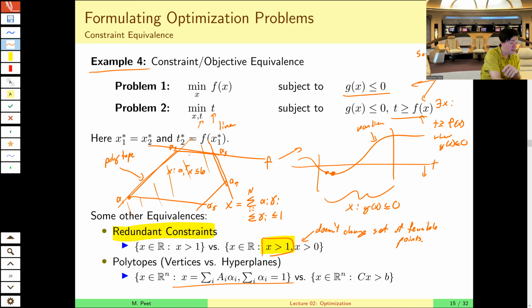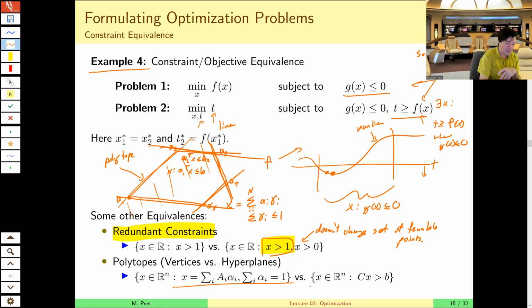And then we have another constraint imposed by this vertex, A2 transpose x less than or equal to b2, and so on. For each hyperplane, we add a constraint, and then it's the same set, but our parameterization or representation of the set is very different.